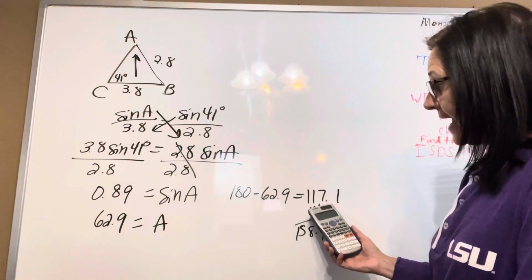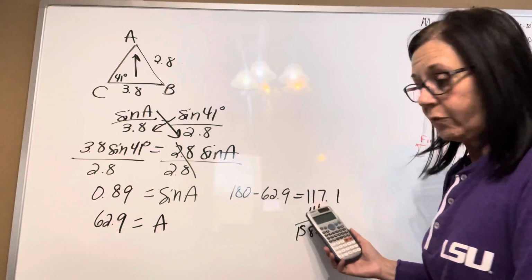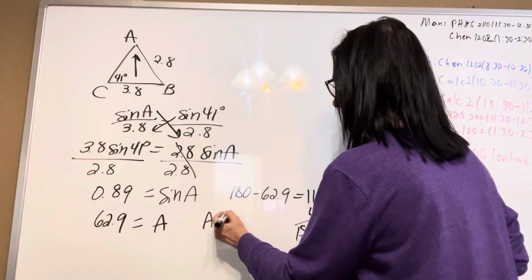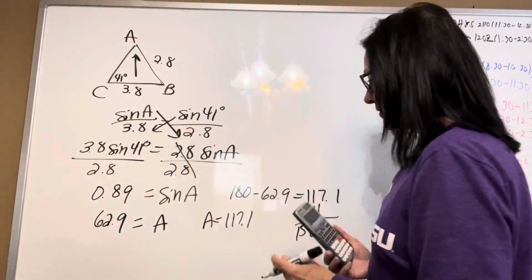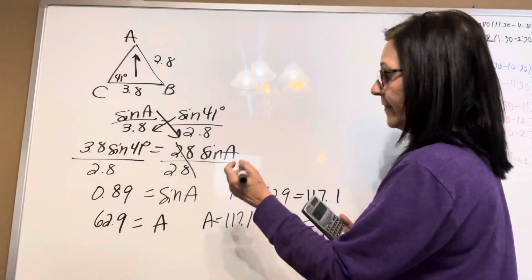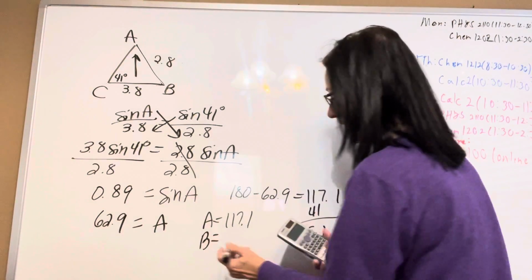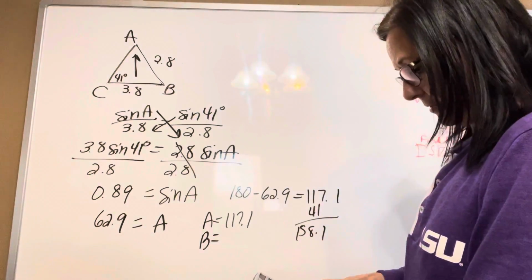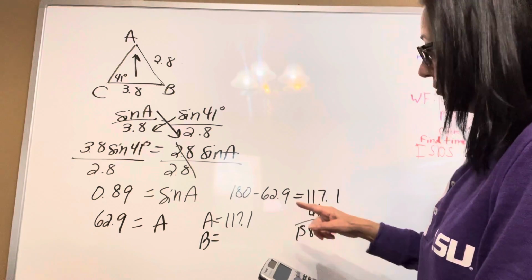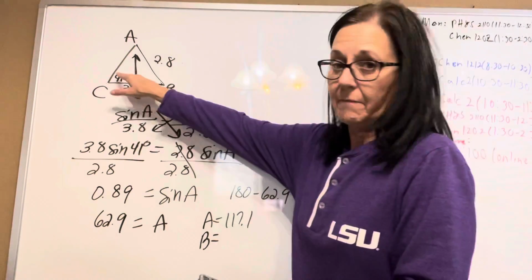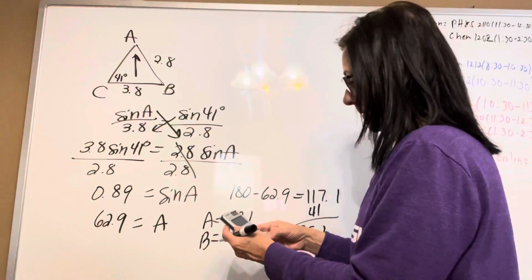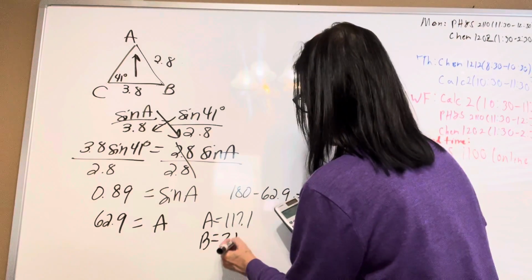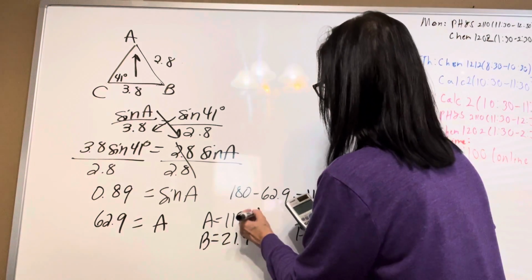Either angle A is 117.1 degrees, and therefore B is 180 minus 117.1 minus 41 degrees, and B is 21.9 degrees.